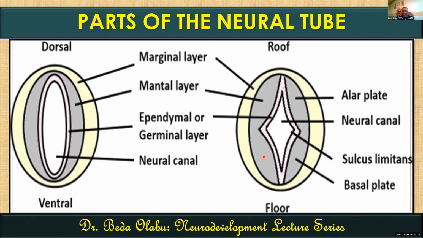We have a ventral paired thickening and a dorsal paired thickening. The ventral paired thickenings are known as the basal plates. The dorsal paired thickenings are known as the alar plates. So the mantle layer divides into the basal plate, the ventral thickenings, and the alar plate, the dorsal thickenings.